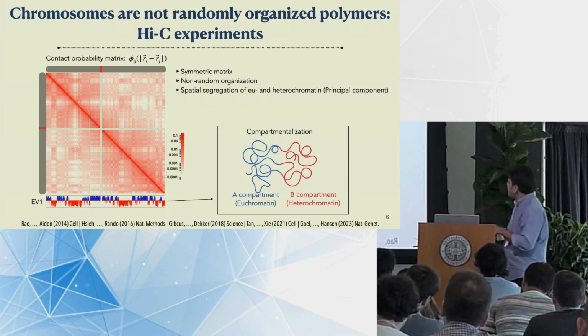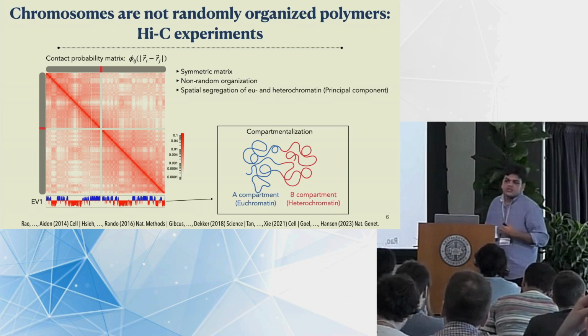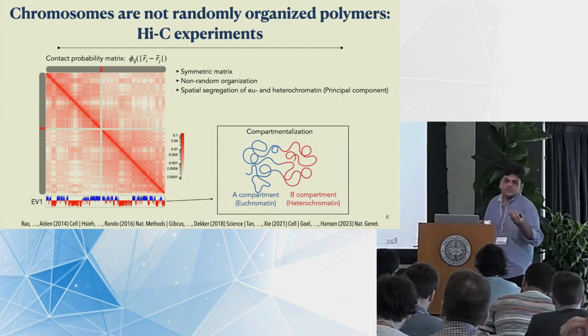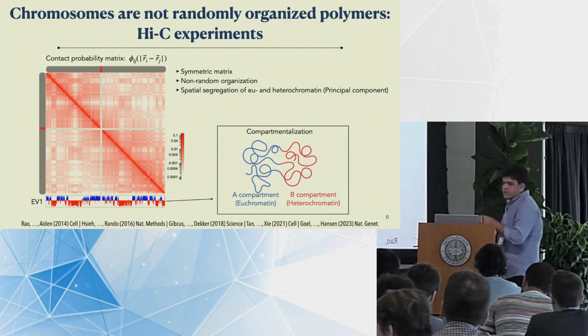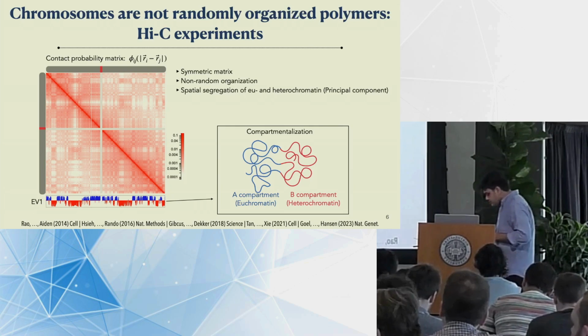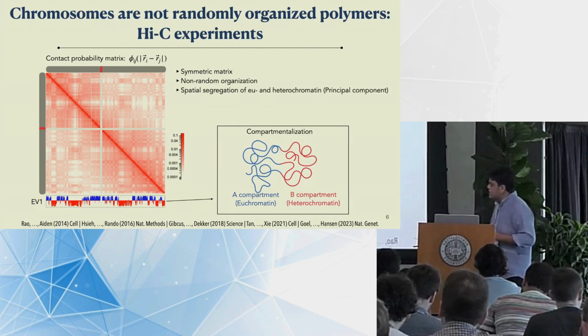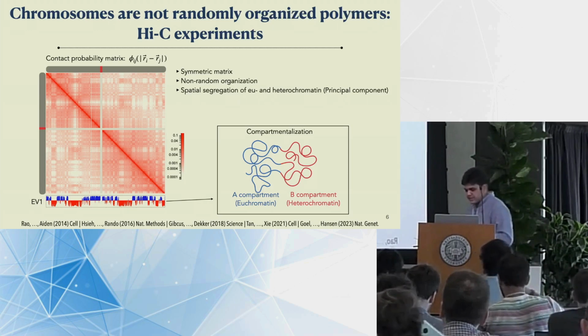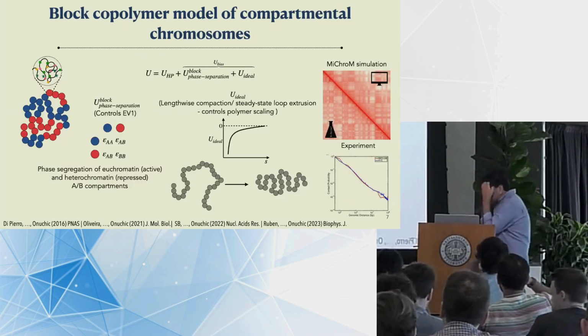So if you look at the Hi-C map, the A compartments have a higher overall probability of being near another A compartment. Similarly, B compartments have a higher probability of being near another B compartment, which leads to this kind of compartmentalized architecture. This has been very useful for a lot of physical models based on copolymer models of the chromosome, and that's something we will be focusing on in the first part of the talk.